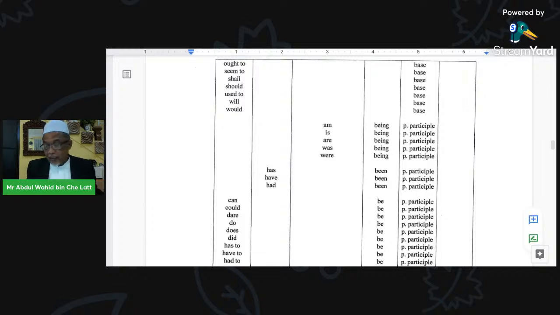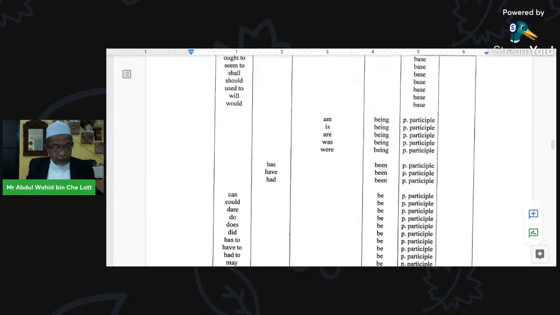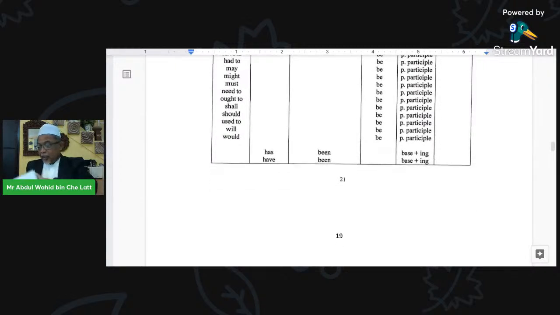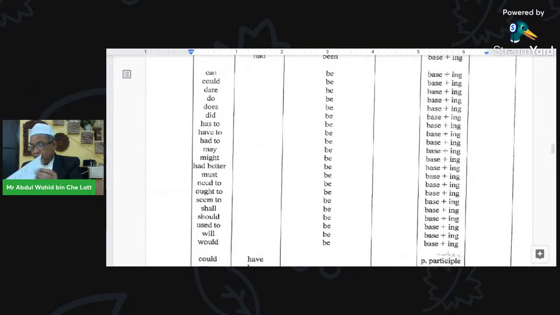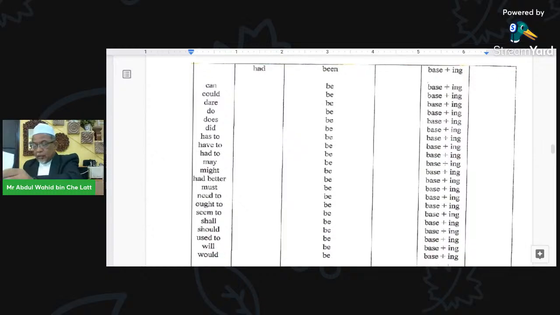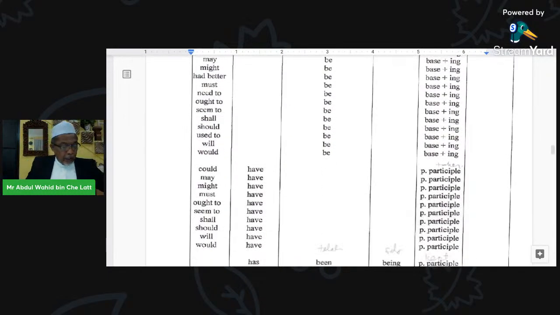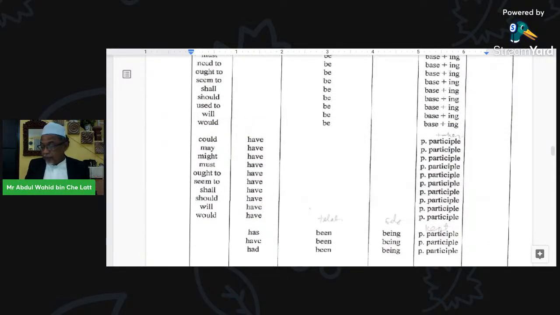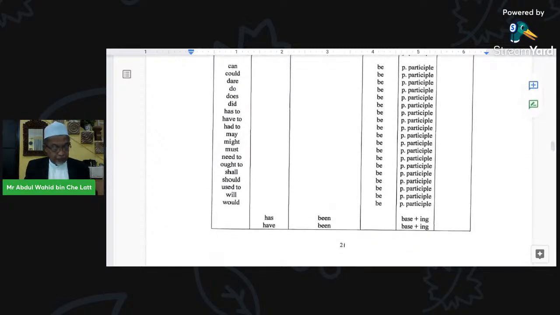Okay. Now turn to page 20 of the verb phrase. Put your ruler under the word was in column 2. So you have was and participle.